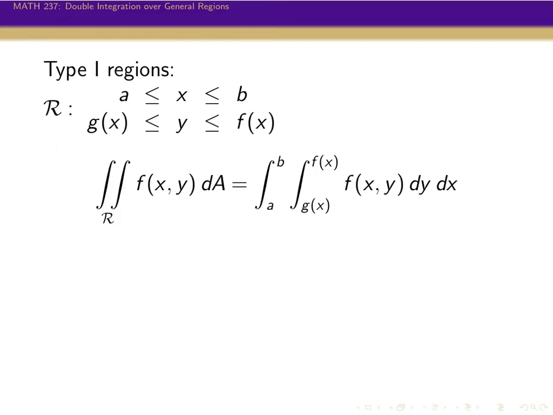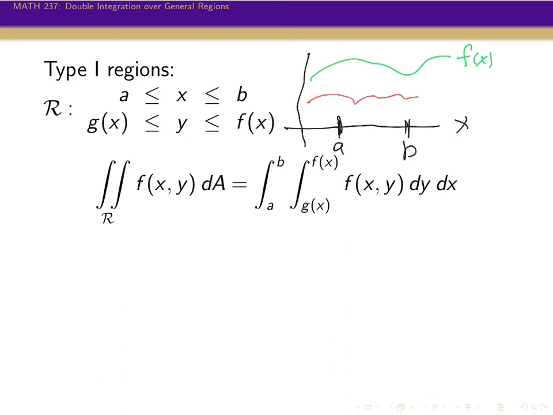Let's draw this out. On the x-axis, there's an a and a b. And then in terms of y, we have two functions: an f of x, and a g of x. The y values stay between these two.